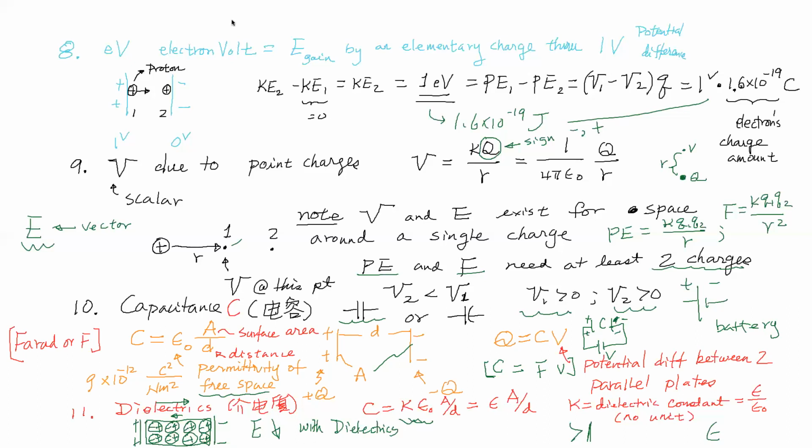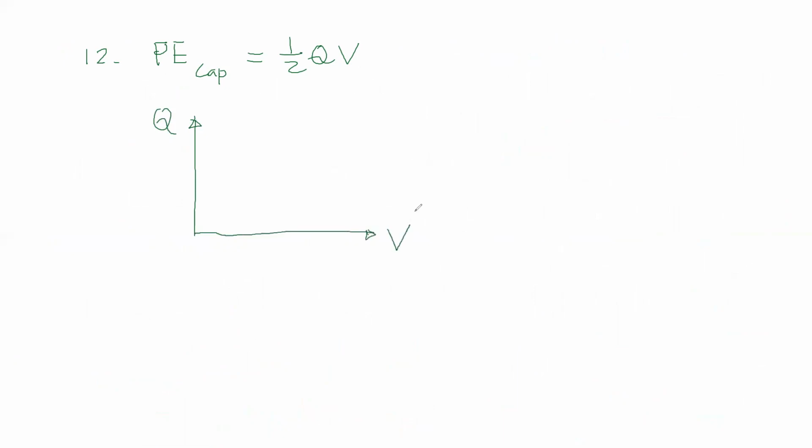Okay, so the last topic is going to be electric potential energy for a capacitance. So PE for capacitance is equal to 1/2 Q times V. Why is that? You have the Q, the charge that you will get to in the end, and you have the external voltage.